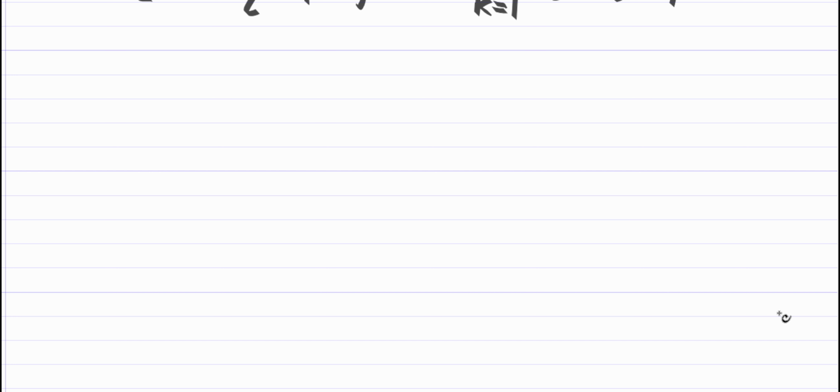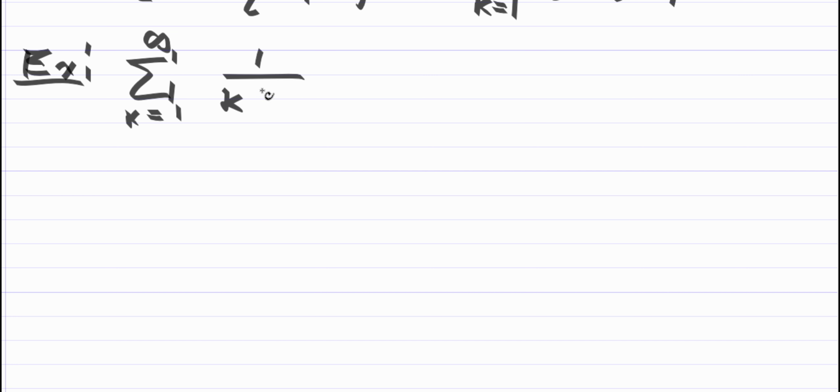Now, sometimes a telescoping series can be hiding. So for example, let's suppose you have sum k equals 1 to infinity, 1 over k times k plus 1.